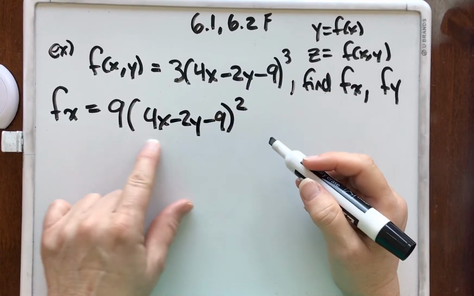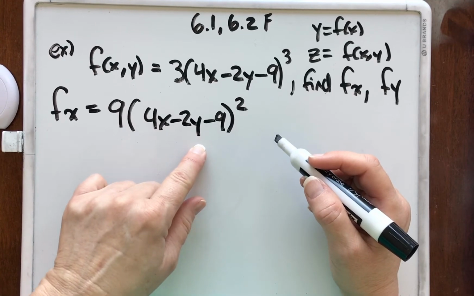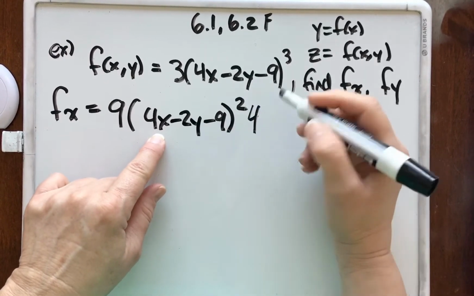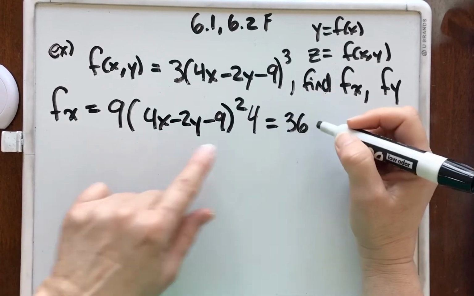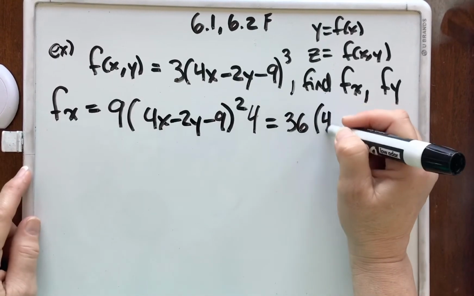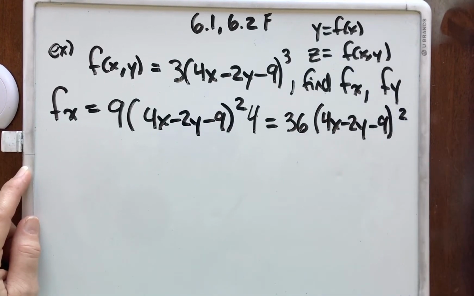Then we take the derivative of the inside, remembering that y is a constant. So we'll only have this times 4, because these will equal 0. So we have 36, 4 times 9 is 36, times (4x minus 2y minus 9) squared.